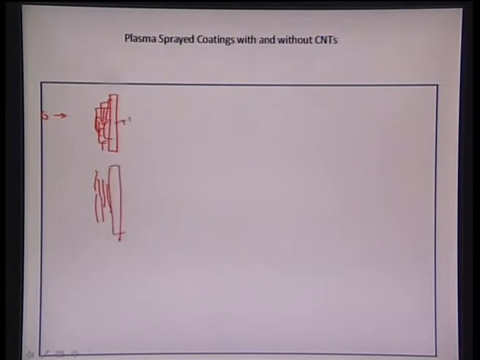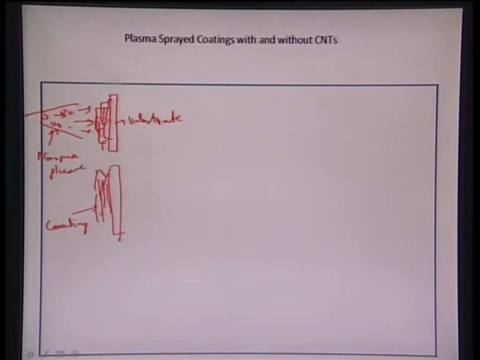This is a substrate, and we see the coating which is being deposited like this. This is the coating. So we have a stream of powder particles which keeps impacting onto the substrate, and then we have all the molten and semi-molten particles. This is a plasma plume, and upon impact onto the substrate it forms a coating.